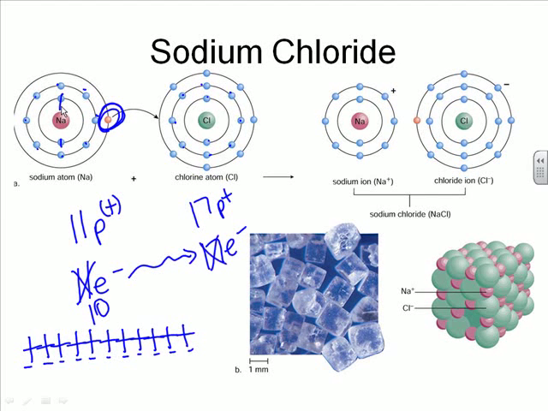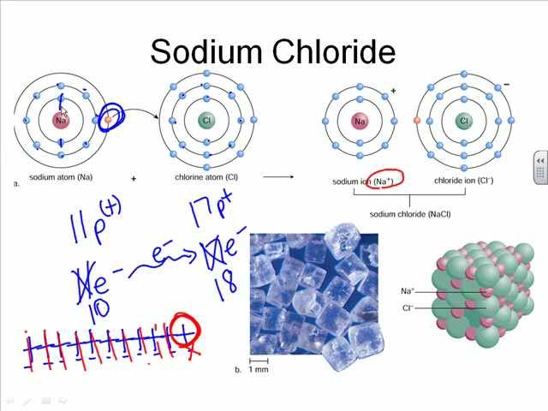And this number increases to 18 because we have actually taken an electron and transferred it from one atom to the other. So now I have 11 pluses, but I only have 10 minuses. So this cancels. When I get down here and look at the end, I've got an additional positive charge.